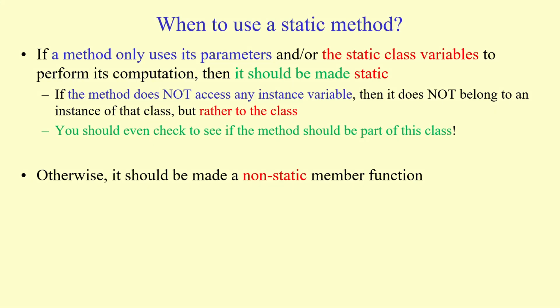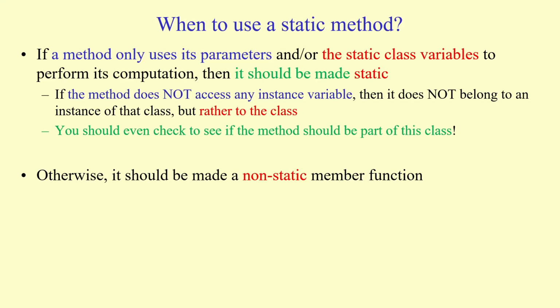So when should we use a static method? If a method only uses its parameters and/or the static class variables to perform its computation, then it should definitely be made a static method. If the method does not access any instance variable, then it does not belong to an instance of that class, obviously, but rather to the class itself. That's why you should always make such methods static methods.